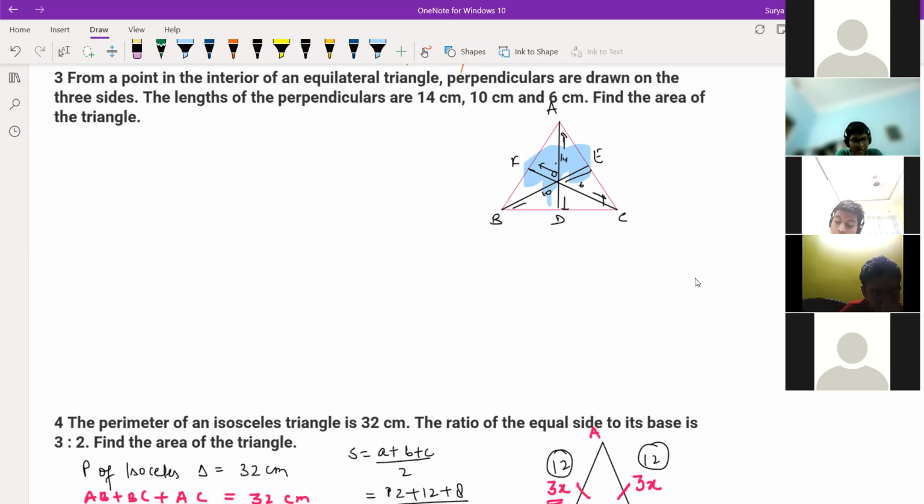Anyone able to solve this? Vivek, you can do this question. Yeah, sir, I'm doing. Okay, fine.